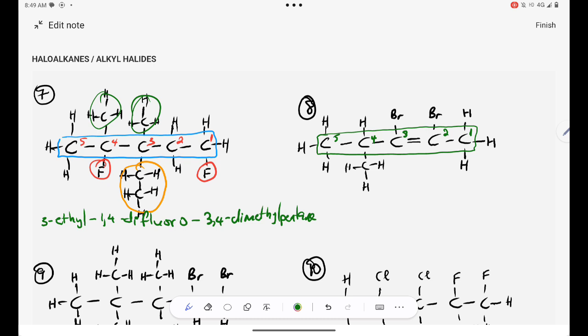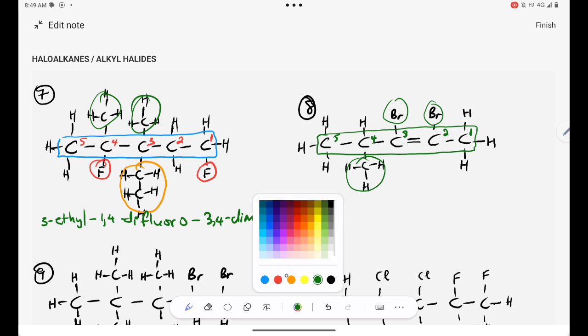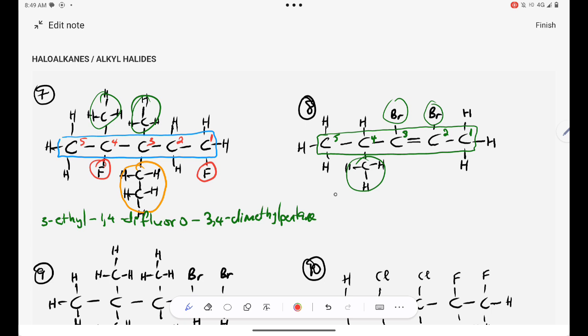Are we together? At carbon number 2 and 3, I have my bromos, and then at carbon number 4, I have my methyl. So whenever I name this compound, I'll simply say this will be 2,3-dibromo, and then 4-methyl.